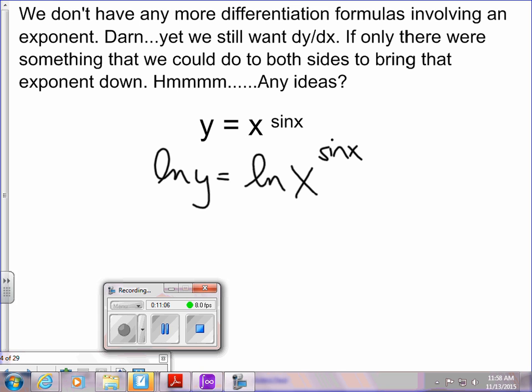That sine x up there was presenting problems. Taking the ln of both sides is a very good idea, but why? What can we do next? But here's my problem. What about that sine x up there? Bring it to the front.